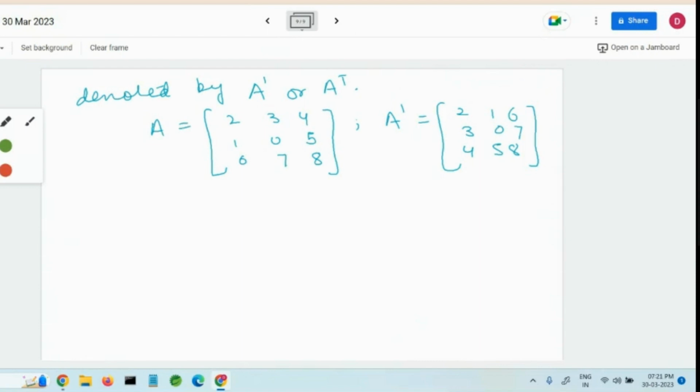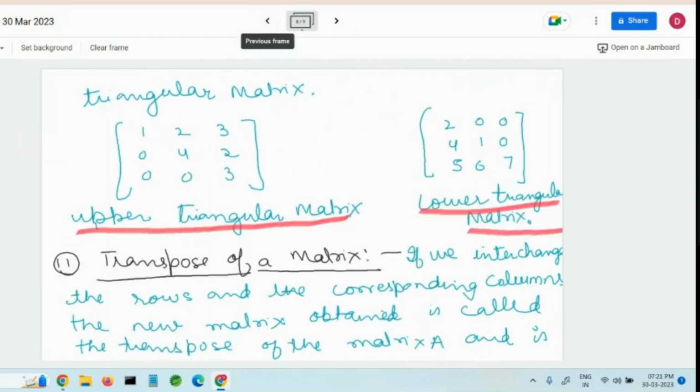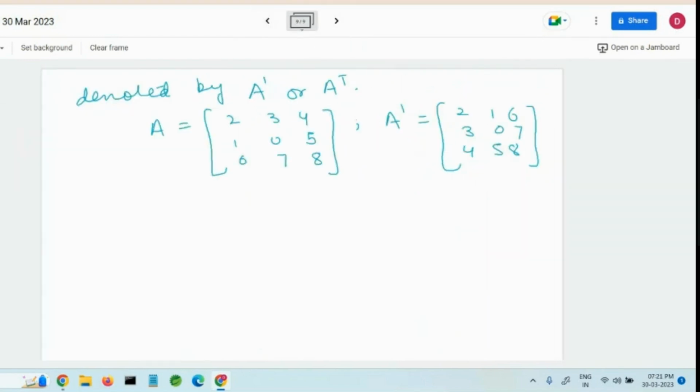The next type of matrix is called the orthogonal matrix. What is an orthogonal matrix?